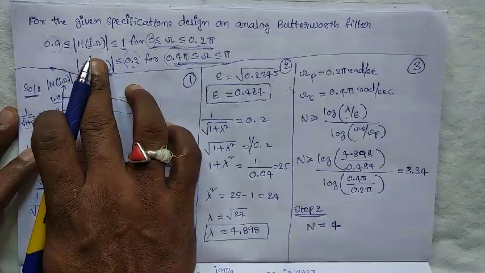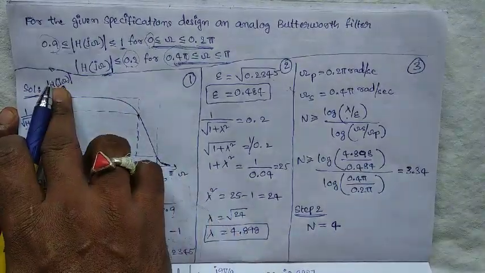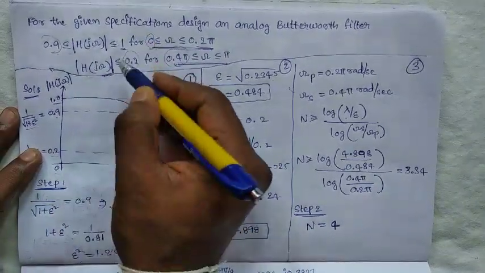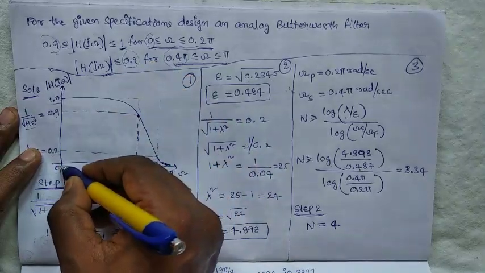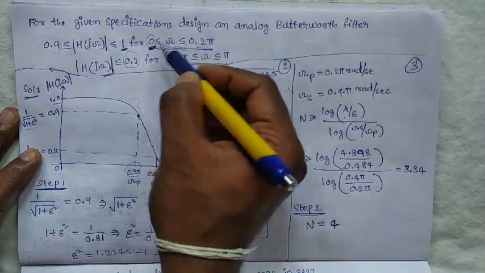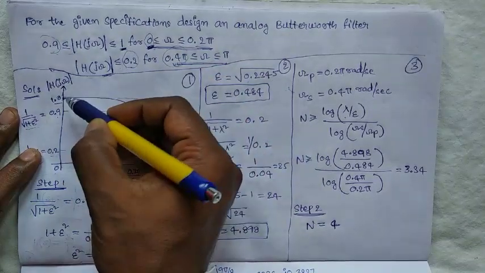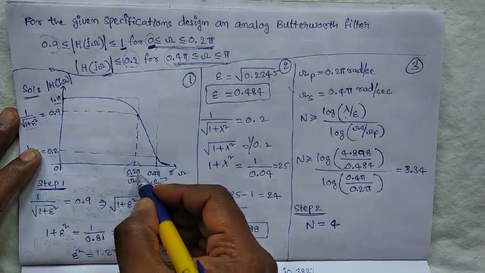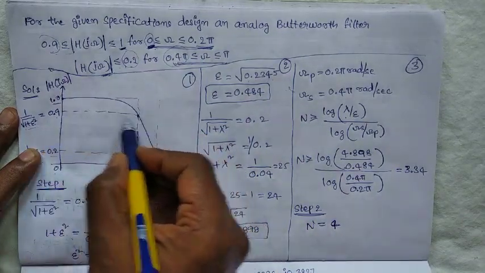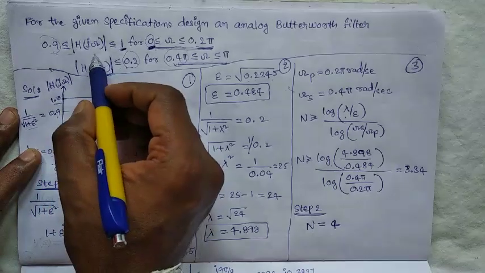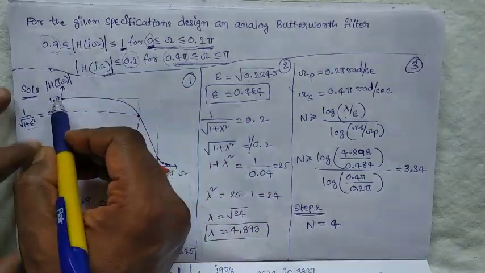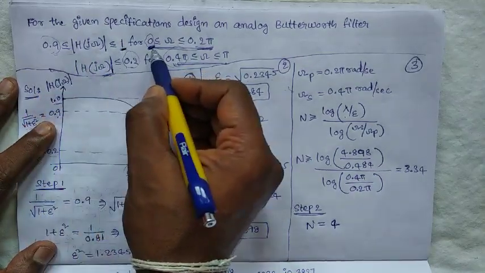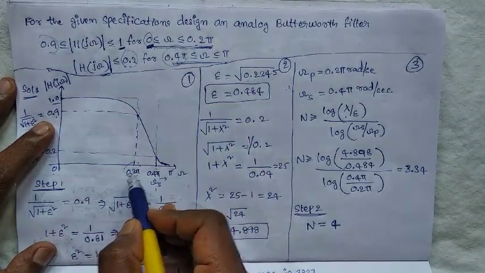From the given specifications, we are drawing the magnitude response of H of j omega. At 0 frequency, the magnitude of H of j omega is 1. Similarly, at 0.2 pi frequency, the magnitude is 0.9. The magnitude response is between 0.9 and 1 for 0 to 0.2 pi.